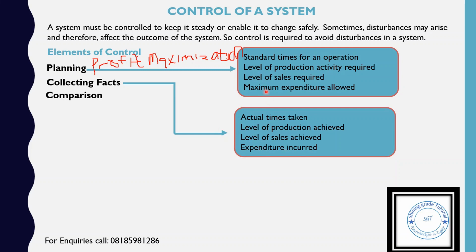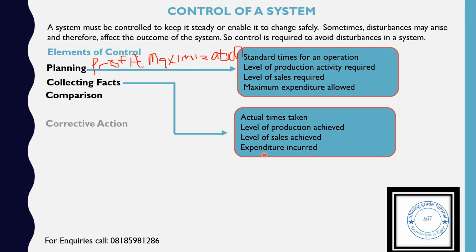For the expenditure incurred, if the actual is less than the standard set according to plan, that is positive and fine. But if the data you collected on expenditure incurred is more than the maximum expenditure stated in your plan, that is an error or deviation.